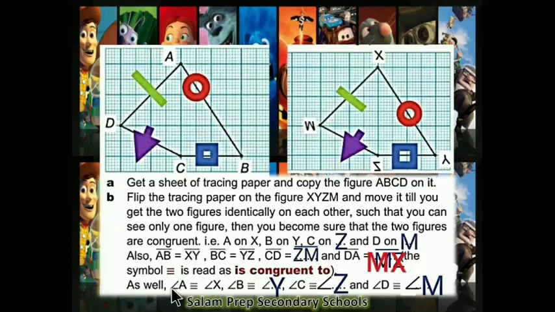As well, angle A is congruent to angle X. We can write this.